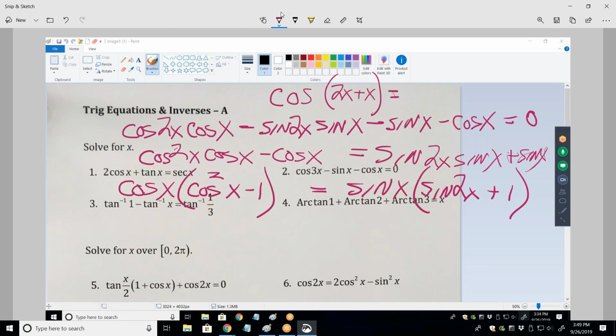Or is that just cosine? Oh, I see why. I didn't write it very clearly here. So it's cosine 2x minus 1, not cosine squared x. I was making the mistake, not you. Yeah, you're right. It's cosine 2x.